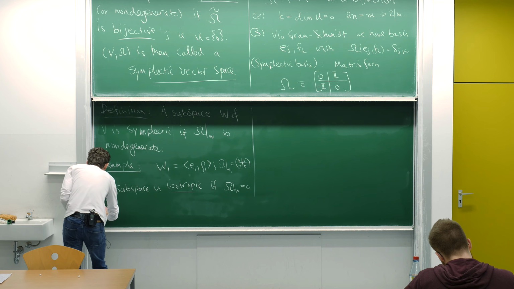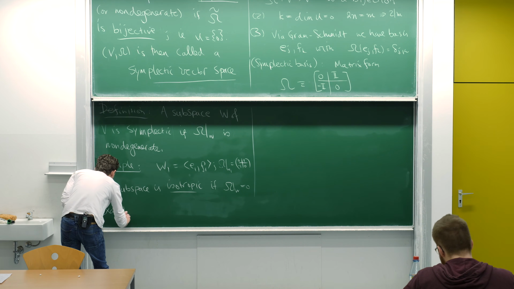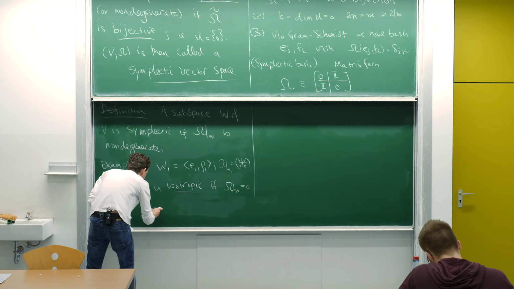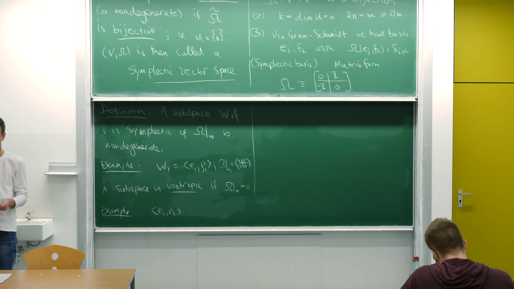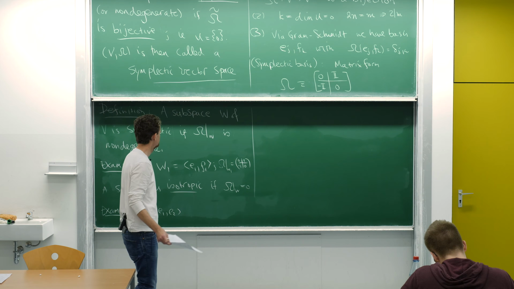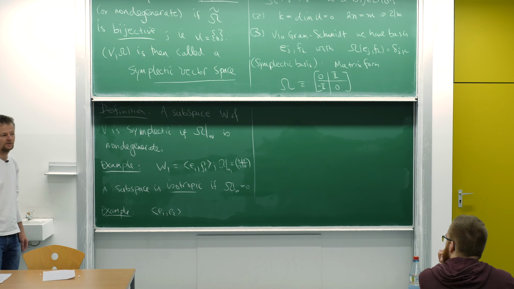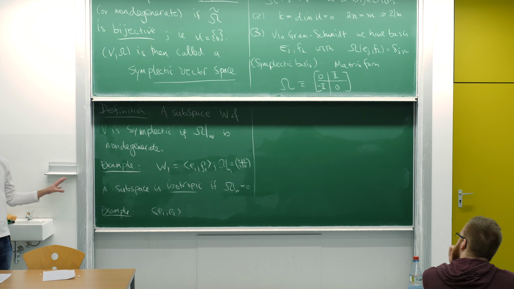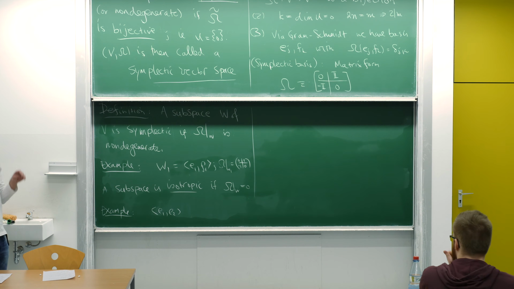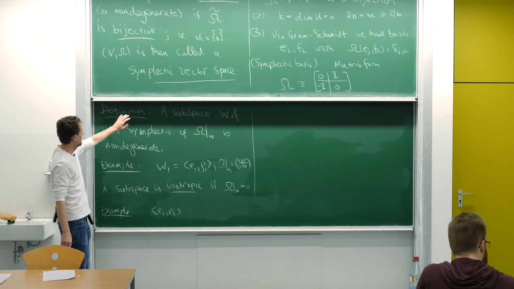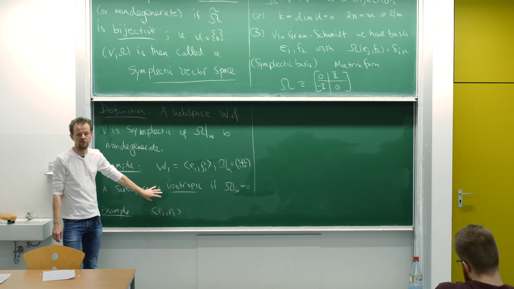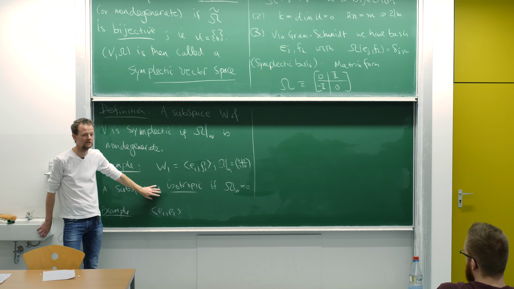And an example there would be the subspace E1, E2, for example. So you have to be a bit careful about subspaces. Not all subspaces are born equal. And we'll have good reasons to look at both symplectic subspaces and isotropic subspaces. These have to do with Lagrangians, as we'll see later.